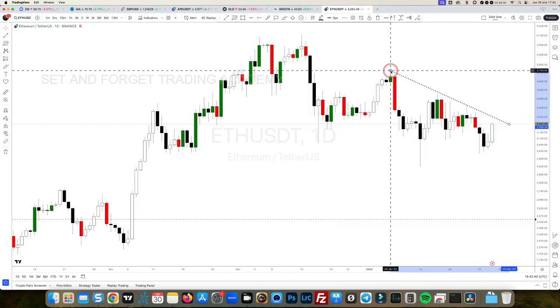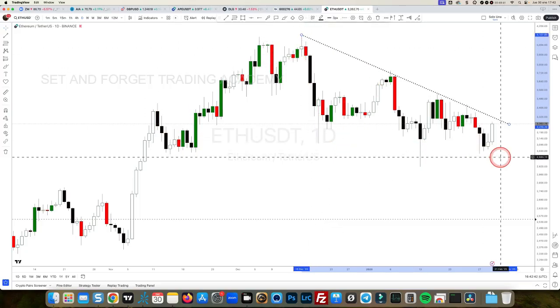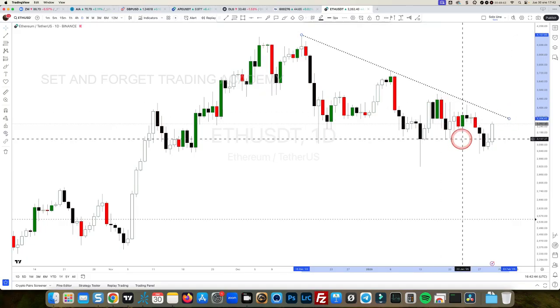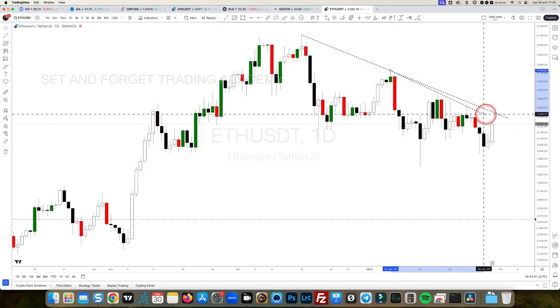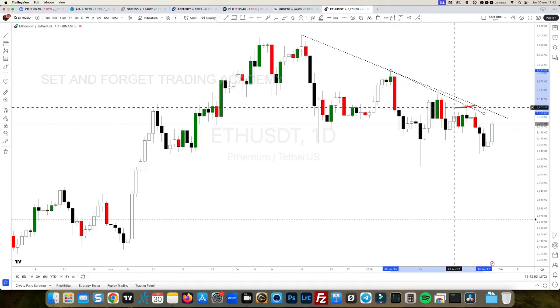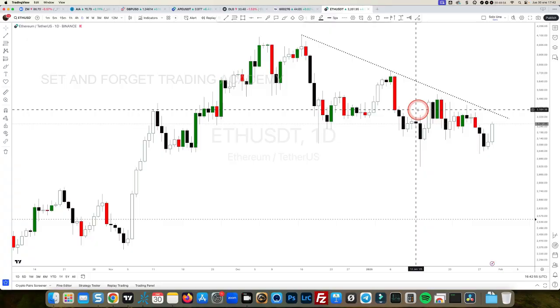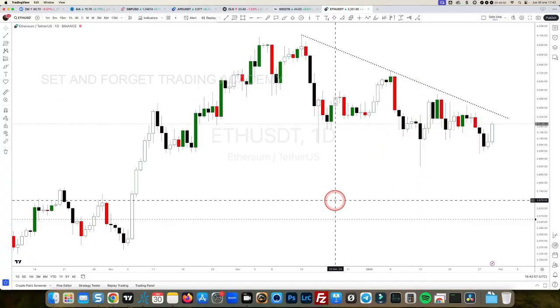So the correct trend line would be drawn like this, which happens to be almost the same as this one that we had previously drawn from here to there, but this one is invalid. The last one that I drew, the one at the top, is valid.